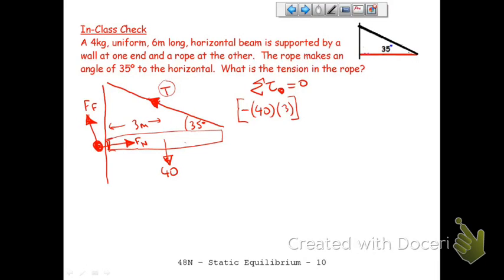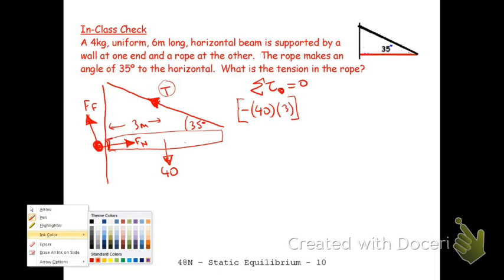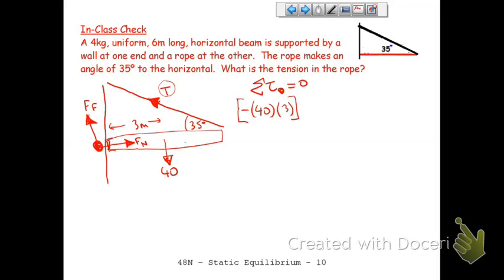Now, the only other force that's causing a torque is this T, but I've got a decision to make. It can't be T times 6, because T is not perpendicular to 6 and 6 is not perpendicular to T. It can be that force times the perpendicular distance, or it can be the perpendicular force times the lever arm.